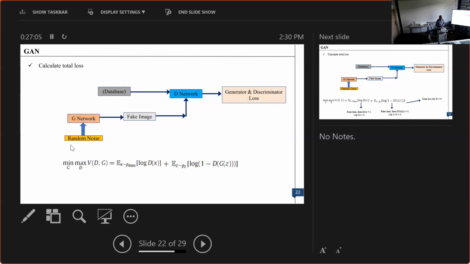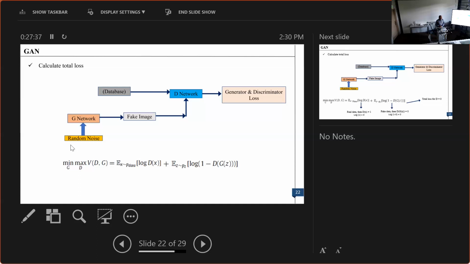So now we are talking about loss. Since we have a generator and a discriminator, the generator wants to maximize the loss values for the discriminator, but the discriminator wants to get a very, very low loss.